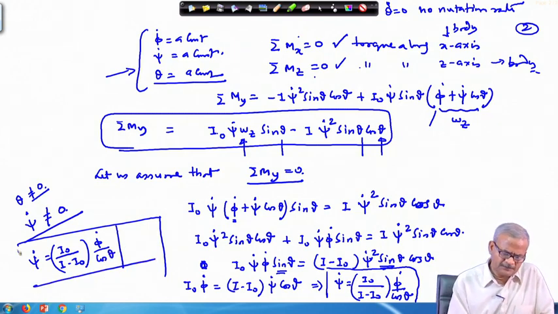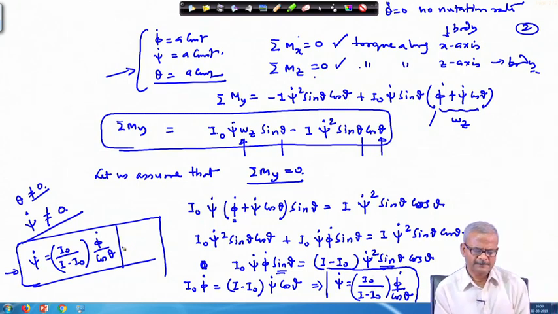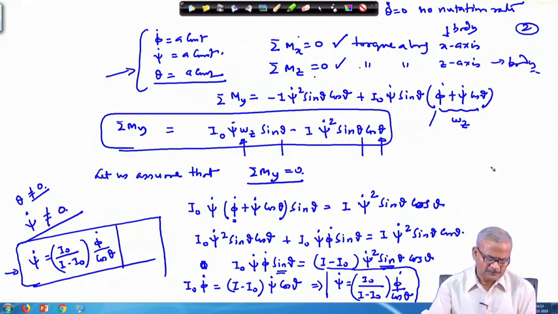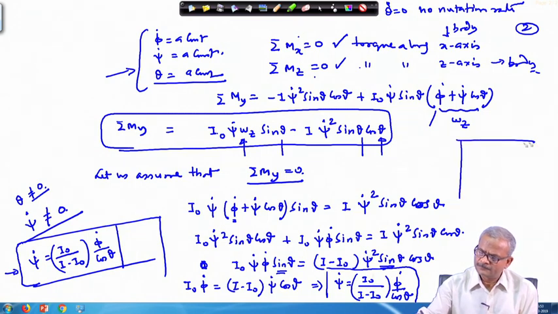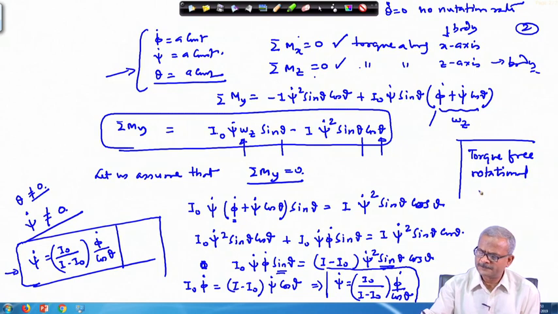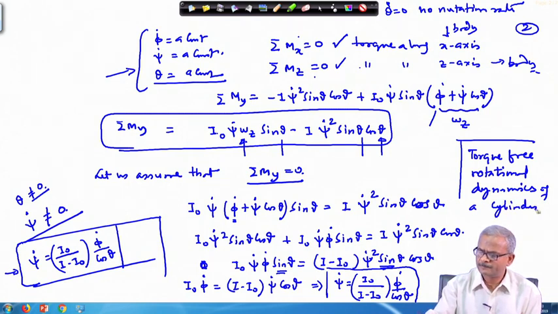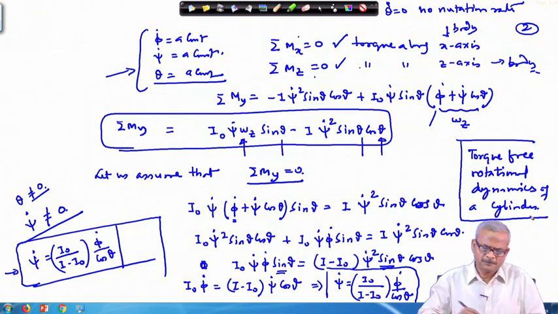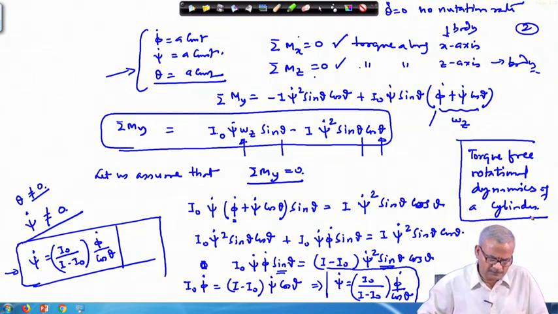And this is exactly the expression we got for the torque free rotational dynamics of a cylinder or a disc.